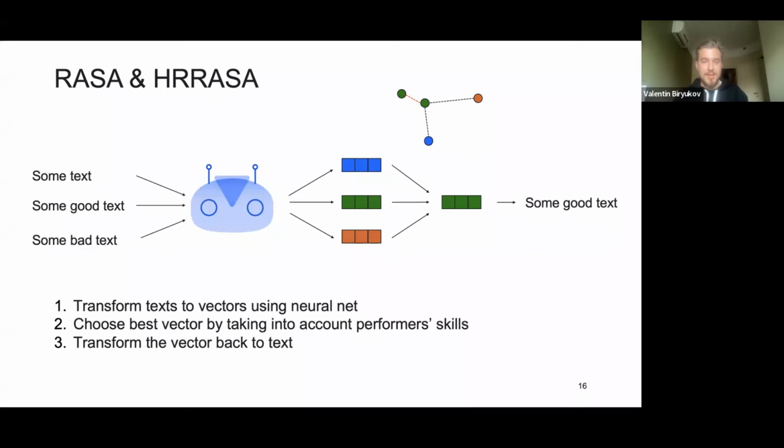So the classical scheme is really the coolest scheme because it may be transferred from text to other items, for example, to images, or audios, or web pages, and so on. Then they try to transform our objects, our text, to a vector space using something like a neural network, and to speak honestly, something like BERT works perfectly in this case, because the classical transformer models work perfectly for textual transformation.